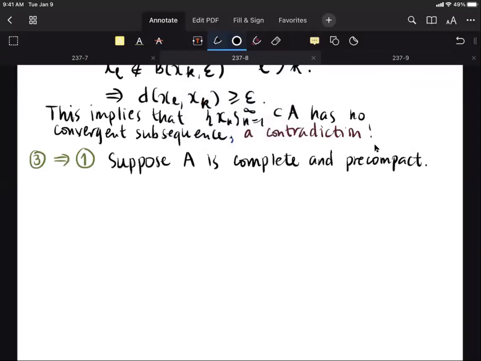So we wish to show that A is compact. So let's start with a covering, or I should say a covering U indexed by lambda of A.